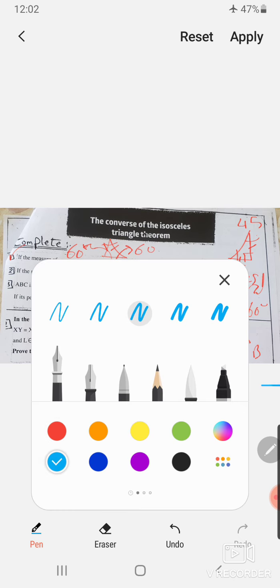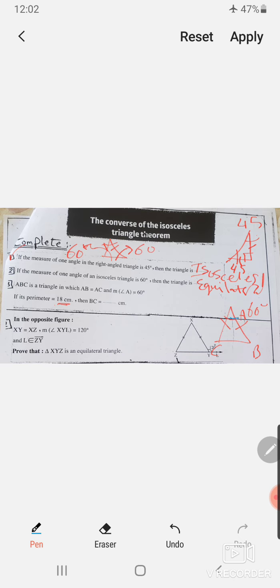Let's take the last example. In triangle ABC, I must draw it here. If AB equals AC, measure angle A equals 60 degrees, and the perimeter of the triangle equals 18. First of all, I want the side BC. Here this angle, the vertex angle, is 60 degrees.